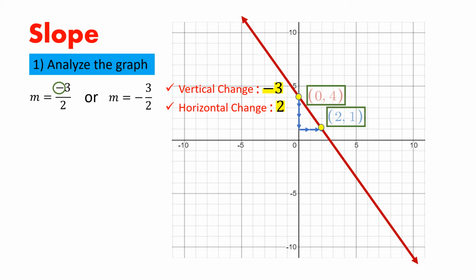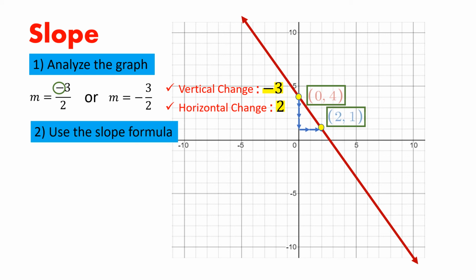The other option is to use the slope formula, which is the difference in the y coordinates over the difference in the x coordinates. Let the point 0,4 be our x1, y1, and the point 2,1 be our x2, y2.